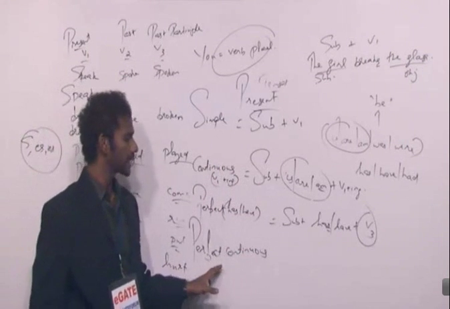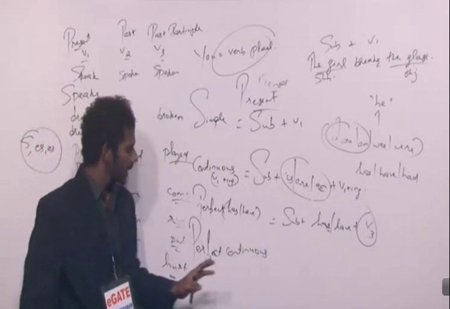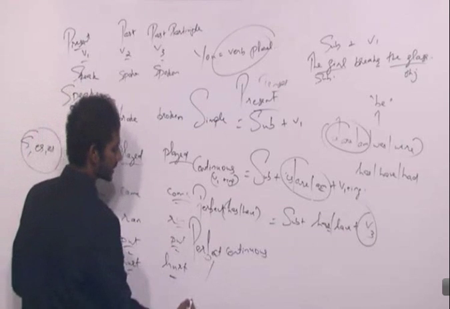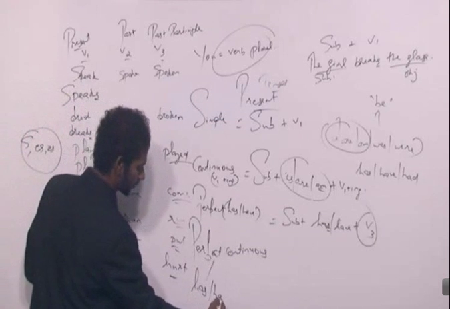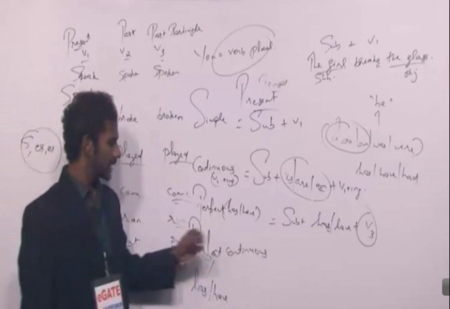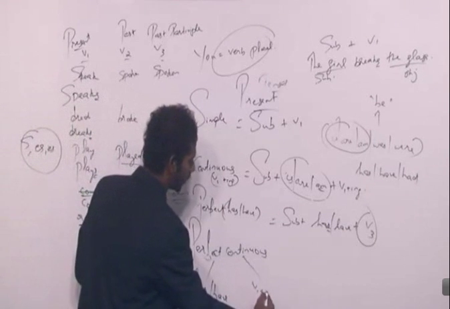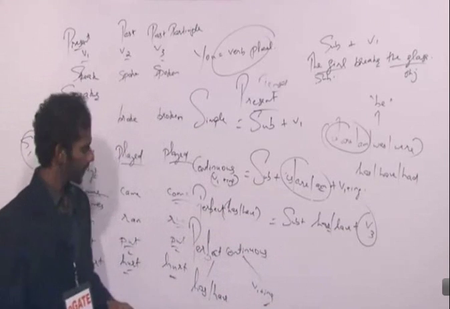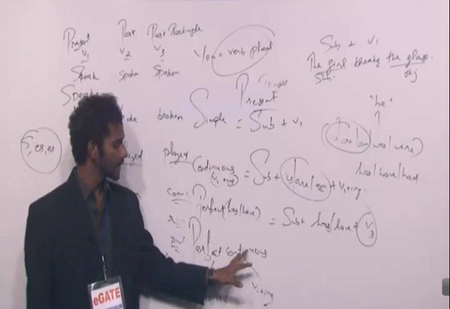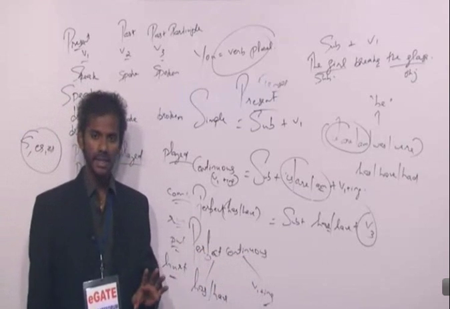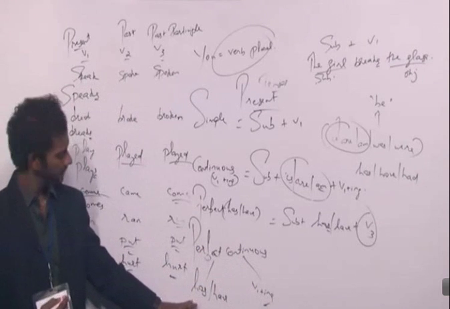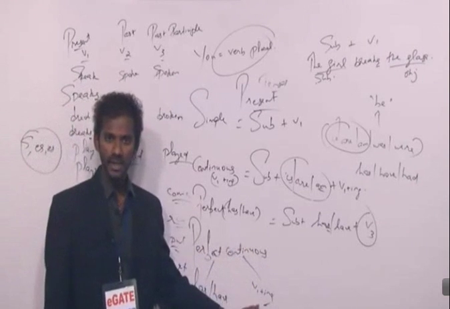Present perfect continuous. Now as I said, present perfect means think of has or have. Continuous means it is V1 plus ing. That means in present perfect continuous, has or have must come, and V1 plus ing must come.